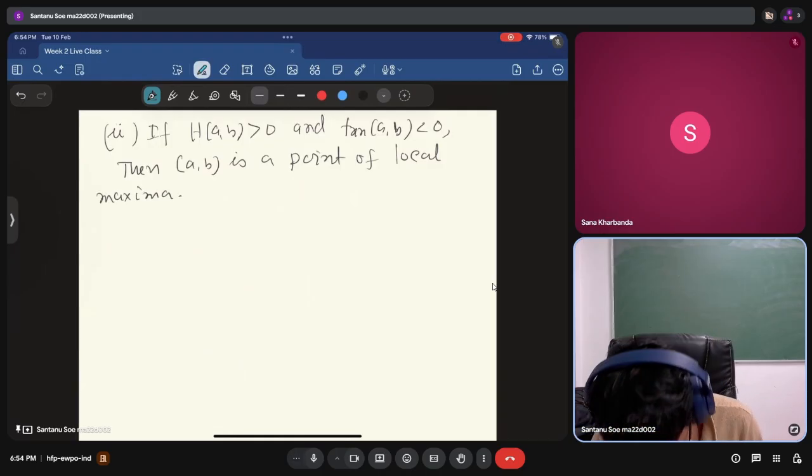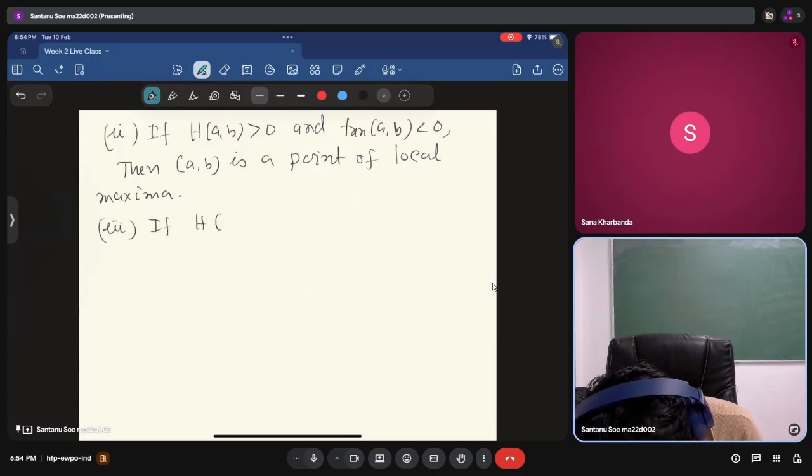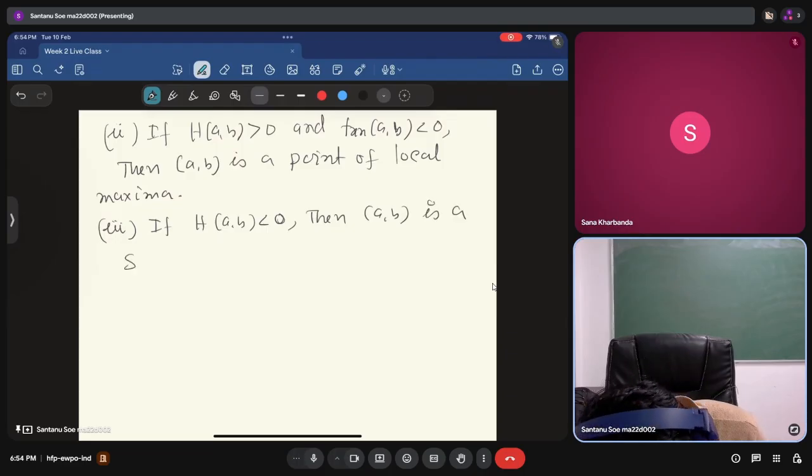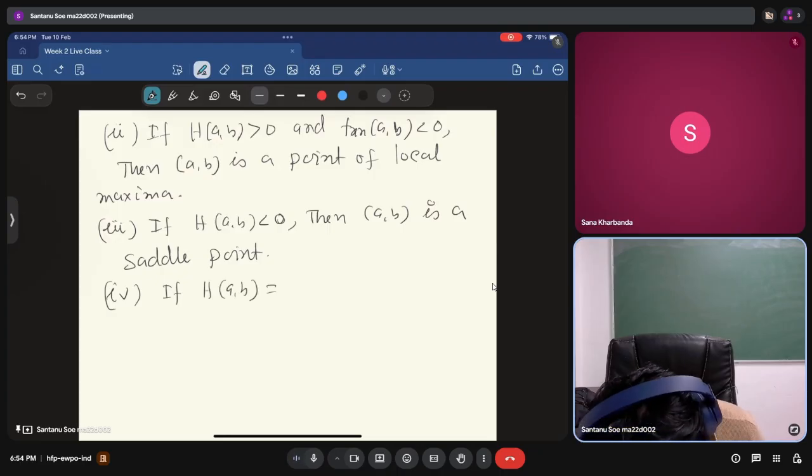Okay, and if h of (a, b) is less than 0, then (a, b) is a saddle point. And if h evaluated at (a, b) is 0, then the test is inconclusive.